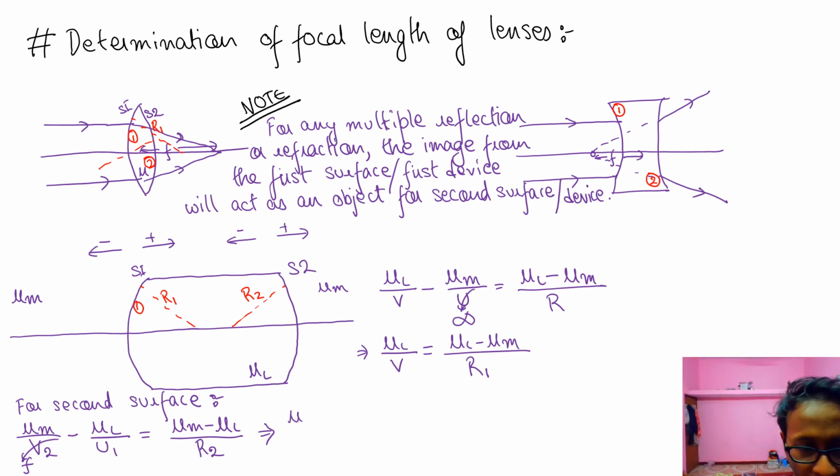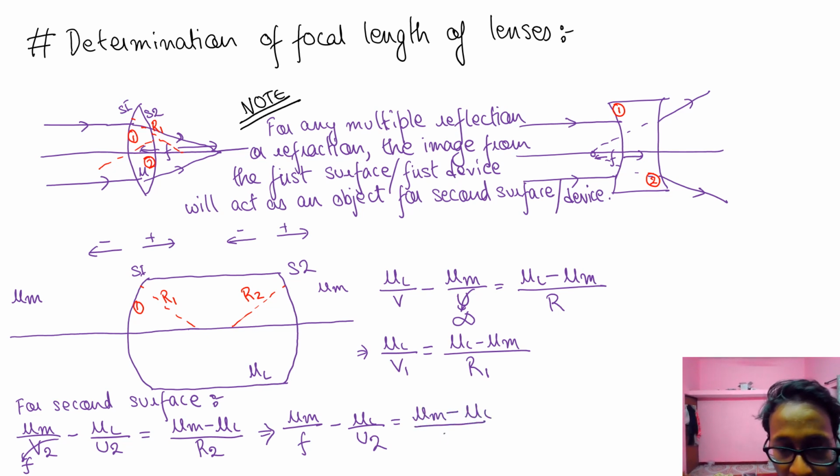Mu m by f minus mu l by mu1. For surface 2 it is mu2, for surface 1 it is mu1. Acha, mu2 is equal to mu m minus mu l divided by r2.